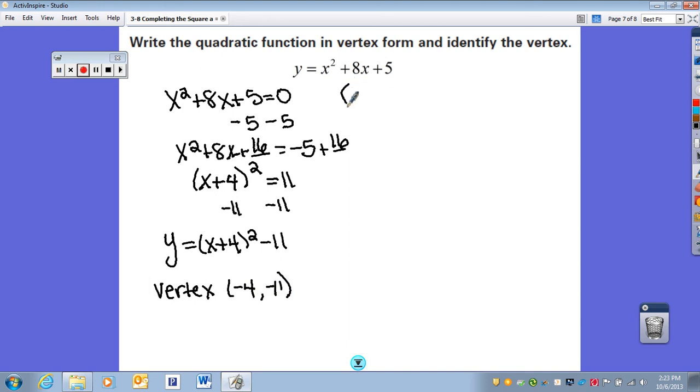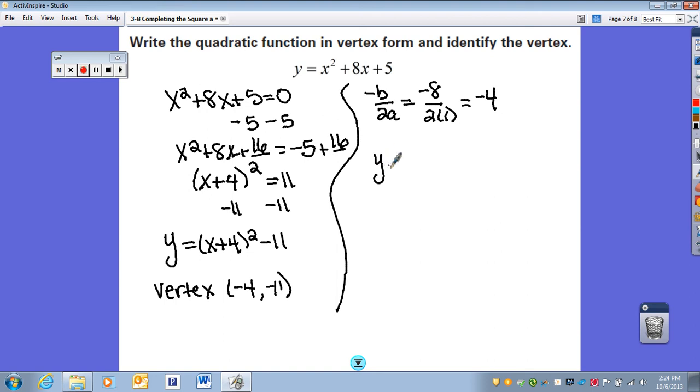If you would prefer, you may use the formula negative b over 2a to find the x portion of the vertex. So that's going to be negative 8 over 2 times 1, which gives us negative 4. And then to find the y value, we simply replace our x, doing substitution.